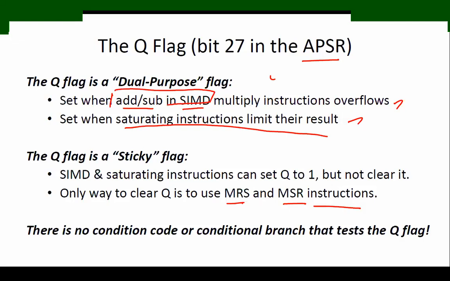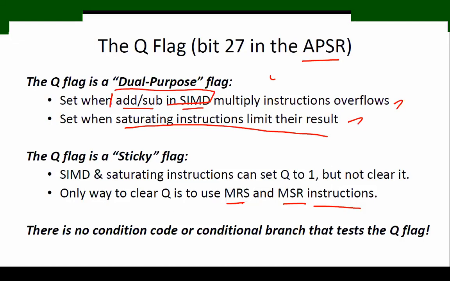As I mentioned previously, this Q flag can be configured for 2 purposes: to check if there is an overflow or to check if there is a saturation. Basically Q refers to saturation primarily, but it can also perform the function of checking overflow.